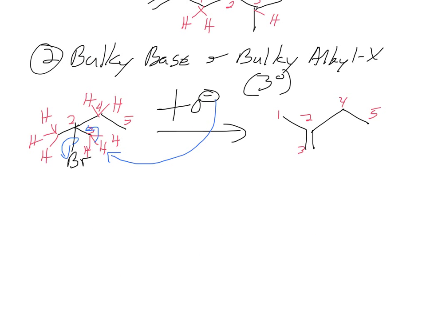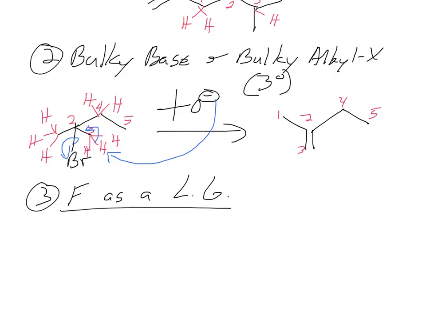Okay, and the final non-Zaitsev way is with fluorine as a leaving group. So that's kind of a completely different mechanism, essentially. So let's say you have fluorine like this, strong bulky base.